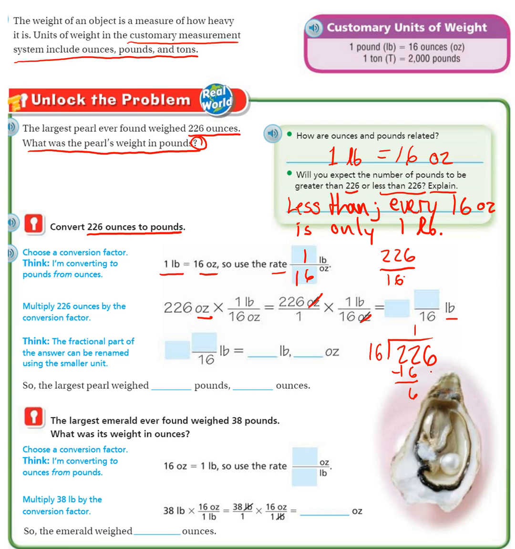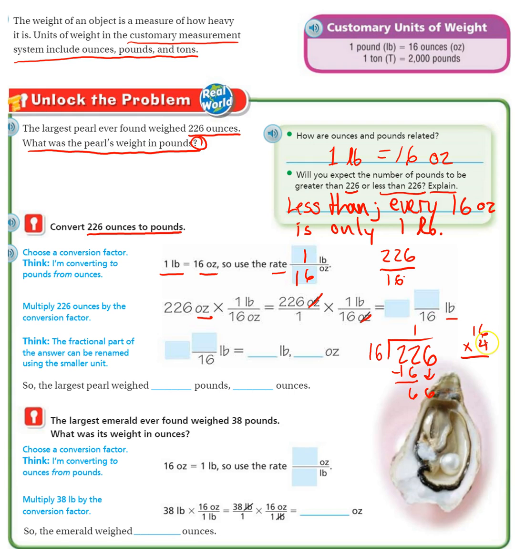Subtract gives us 6. Bring down that 6. So now we have 66. So 16, that's about 20. So I would expect about 3 times, maybe 4 times it will go in. Let's try 3. Actually, let's try 4. I'm going to try 4.